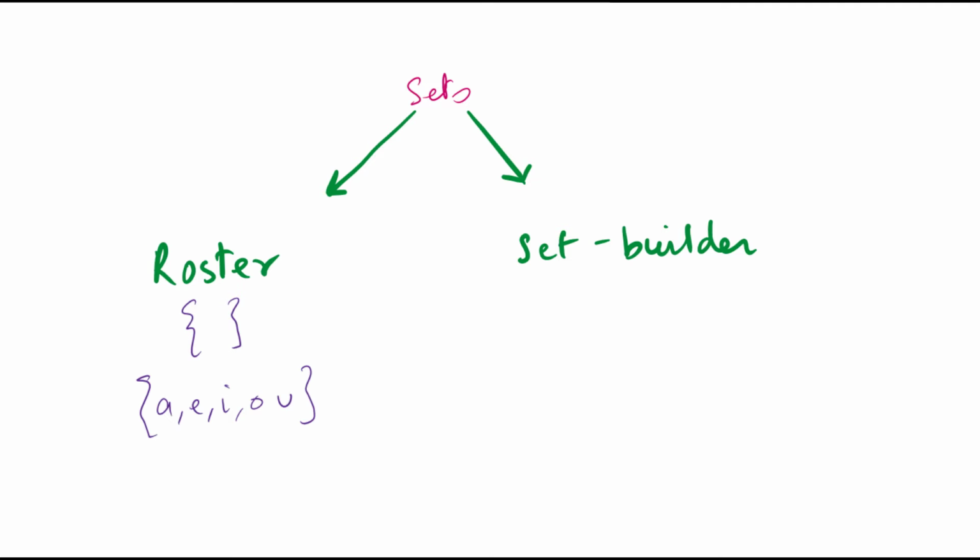And in set builder form, a set is described by a property P(x), which is possessed by all its elements x. Generally it is written something like {x : P(x) holds}, or we can write it as {x | P(x)} with the condition that holds, which is read as the set of all x such that P(x) holds.